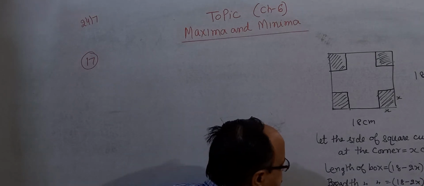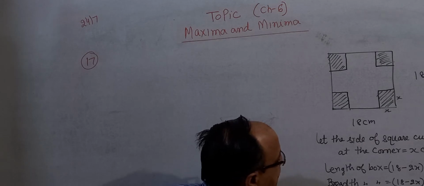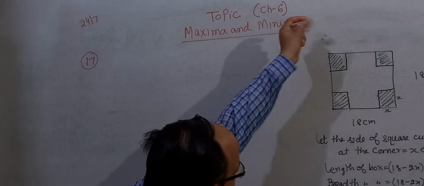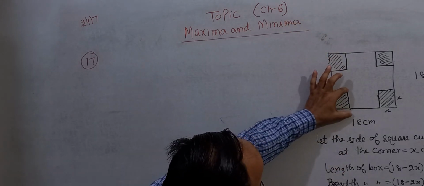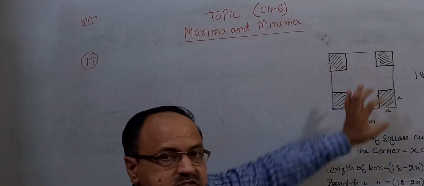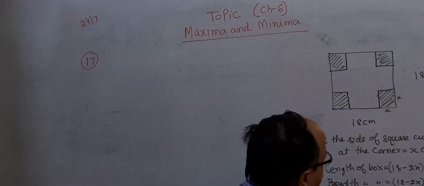And the height of the box, height means this portion, is equal to x. Therefore the height of the box is x.